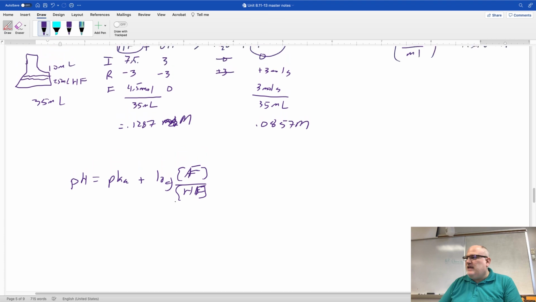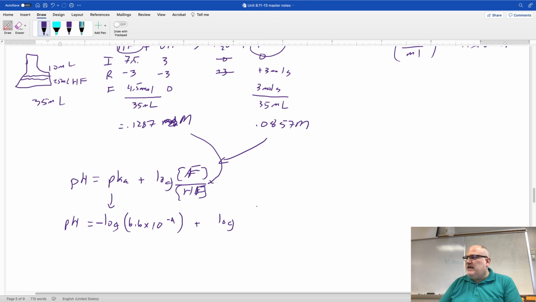But if I plug my values in here, I'm essentially going to end up with pH equal to the negative log, because doesn't P mean negative log, of 6.6 times 10 to the negative 4, all plus the log of these two values plugged in here. So this is going to go into here, this is going to go into here.